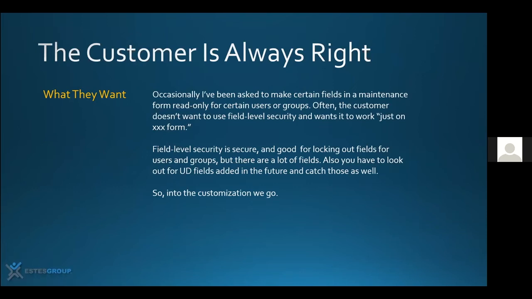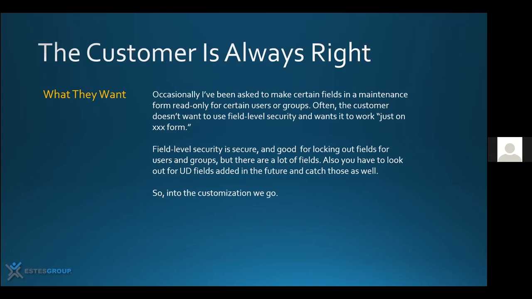I've had this a number of times where a customer has asked me to take something like an order entry form or a customer form, or a number of things, and make certain fields read only for certain groups of users.